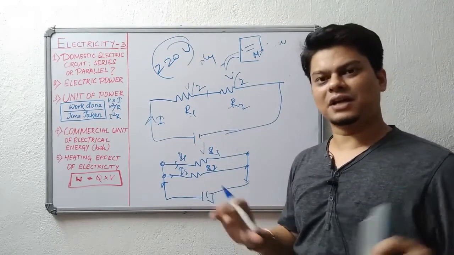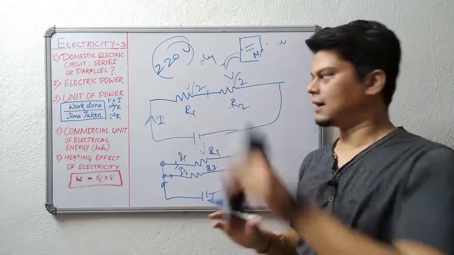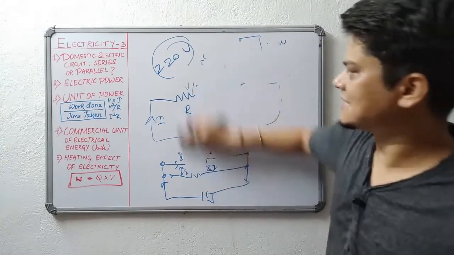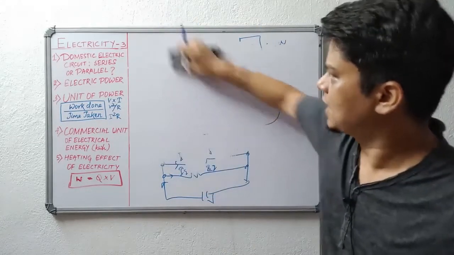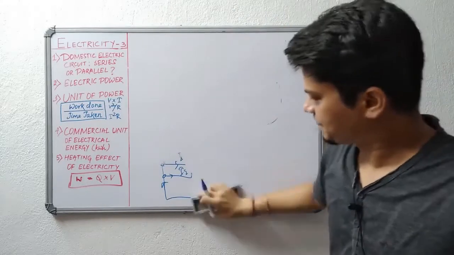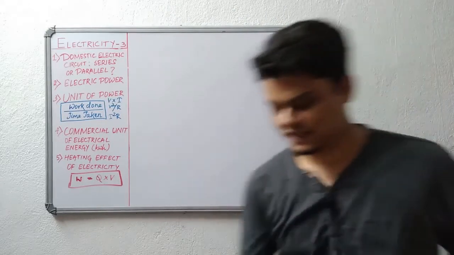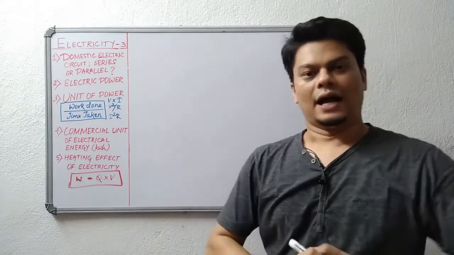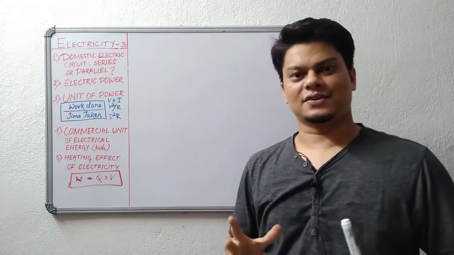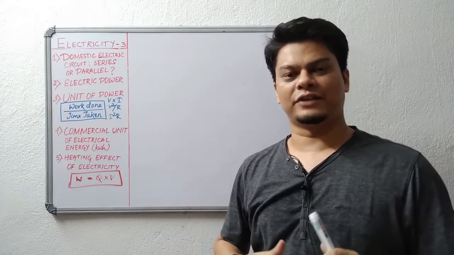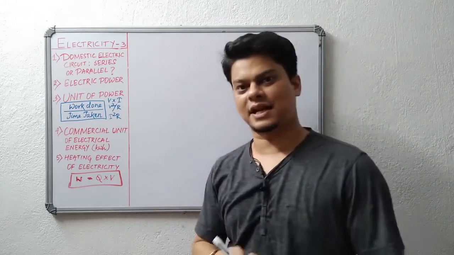Let us see, if I am connecting all the appliances in my house in series, what will happen? First point: you might have seen in Diwali lights, or suppose you are going to any function, there will be some light decorations, right?